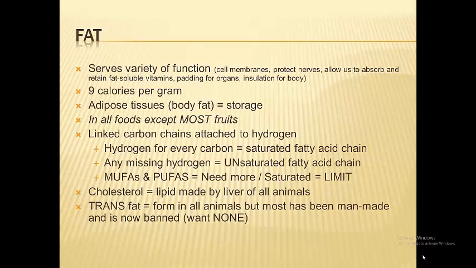So we want to consume mostly unsaturated fats, MUFAs and PUFAs, and a minimal amount of saturated fat. We need some saturated fat, as you learned, but there is a tolerable upper limit because scientific research indicates that excess saturated fat is associated with a number of health concerns.